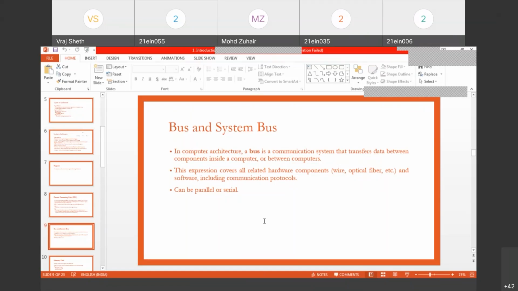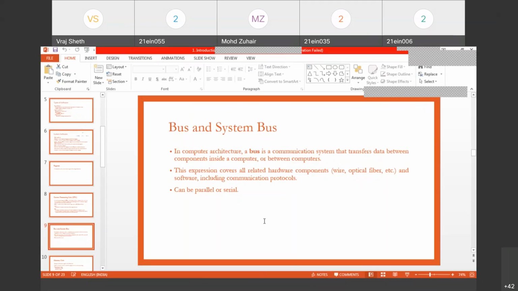This expression covers all related hardware components, wire, optical fiber, etc., and software, including communication protocols. So TCP/IP protocol and all those protocols we are going to study in the coming semesters, because we are in the electronics and communication department.